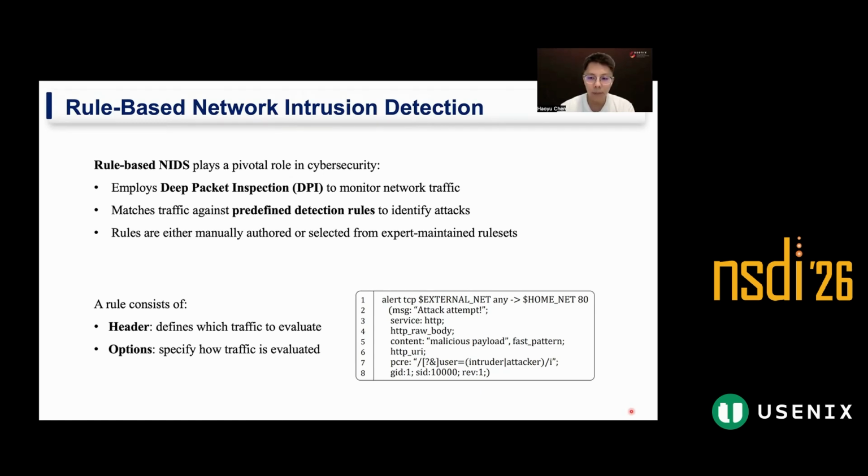For instance, they may say that the URI should contain a certain string or that the HTTP payload should match a regular expression. So conceptually, a rule expresses a detection intention that if these conditions hold in certain network traffic, then the NIDS should raise an alert.